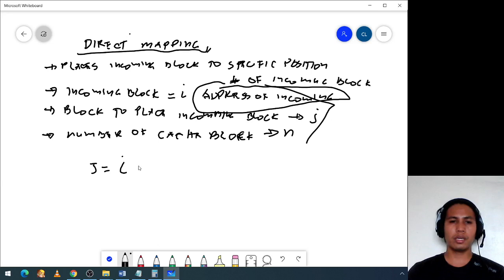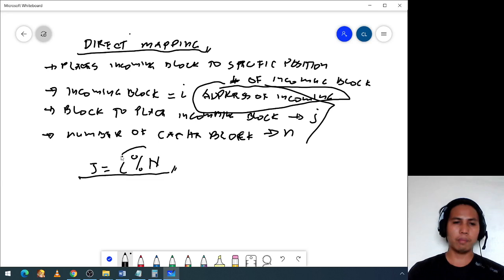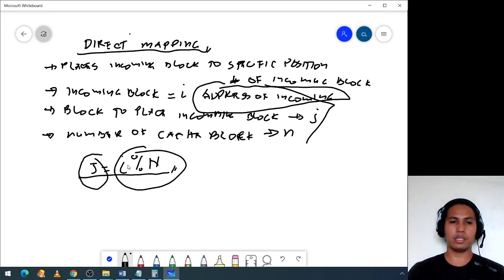So J is equal to I modulo N. Meaning the location of the incoming block is determined by this formula. The location to place, J, is equal to I modulo N.